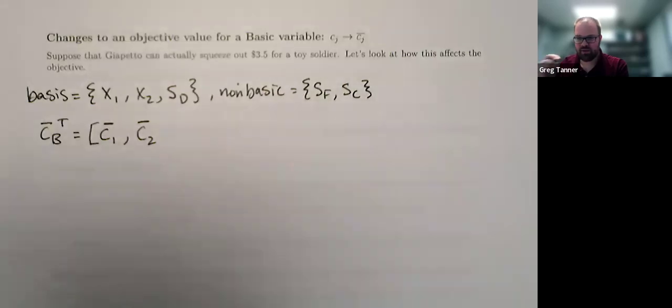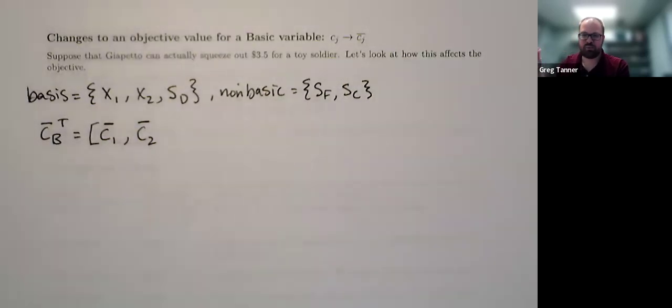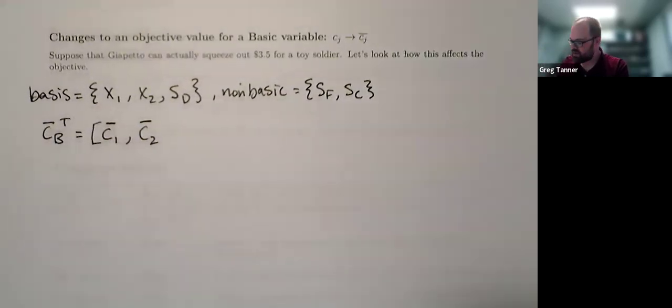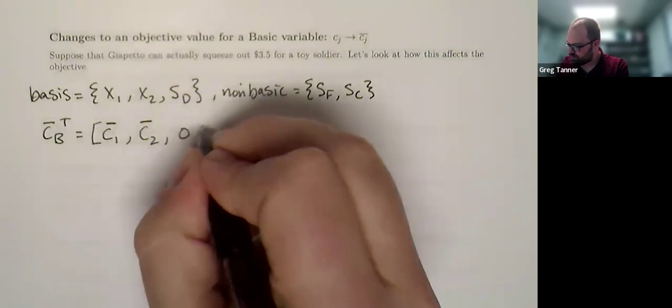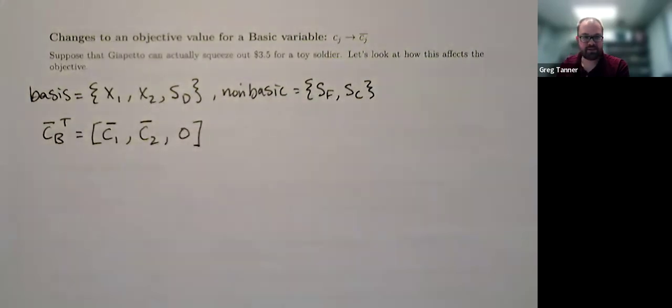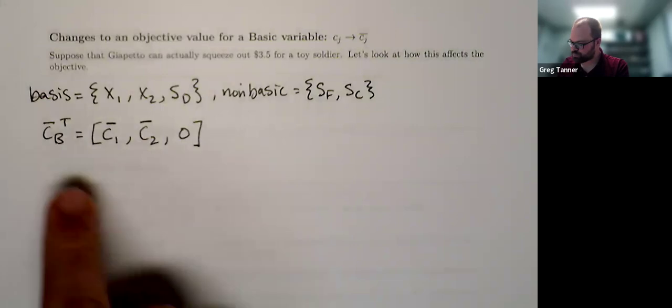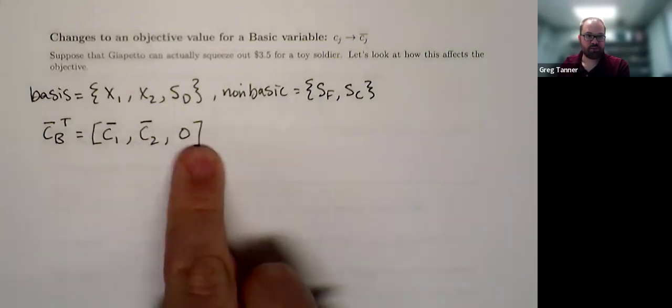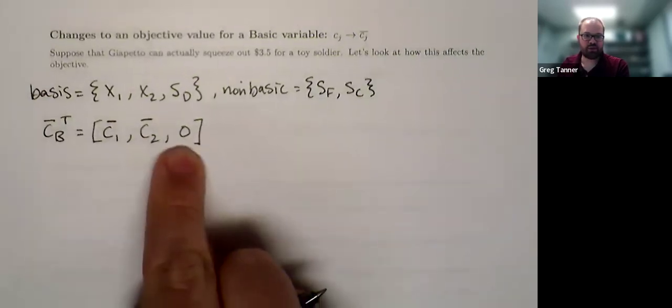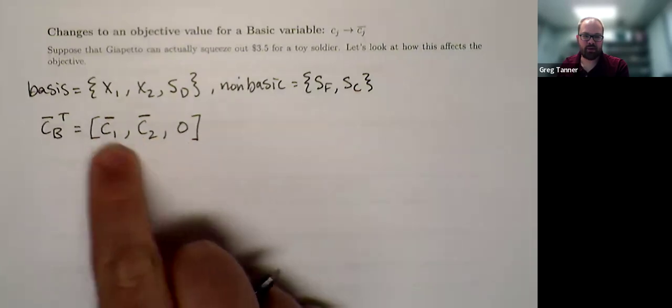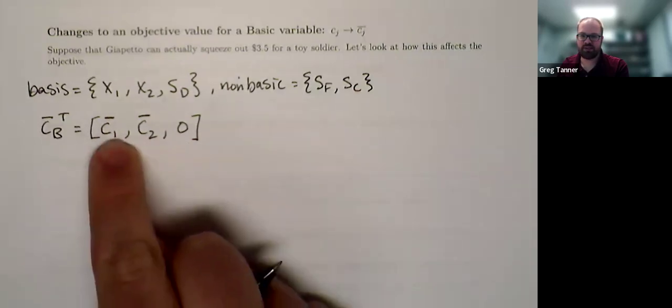They'll eventually have objective values underneath them that will become our dual variables after we've done our steps, but originally they've got 0 for their coefficients in the objective vector. Okay, so that's our CB transpose vector, and we could think about changes to either C1 or C2 here.